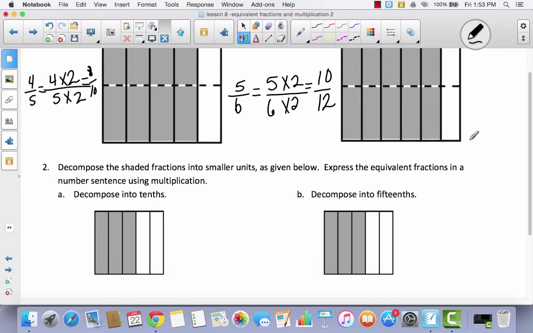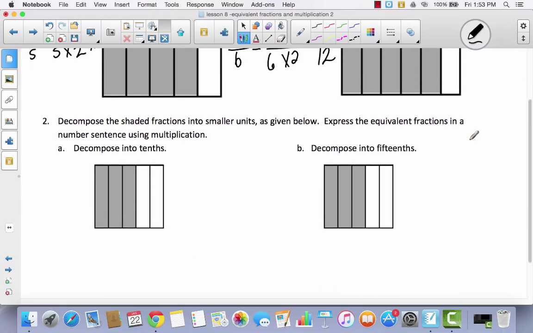Okay, so the bottom has a little bit of different directions. Decompose the shaded fractions into smaller units as given below. Express the equivalent fractions in a number sentence using multiplication. All right, so right here, this is divided into 5 parts. The directions say decompose it into tenths, so that means that we are going to divide it in half one time like this. Now I have to express the equivalent fractions in a number sentence using multiplication.